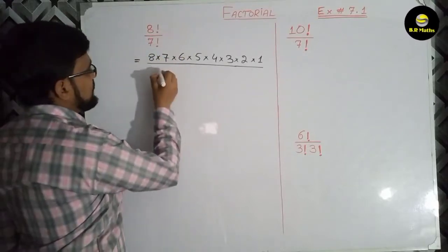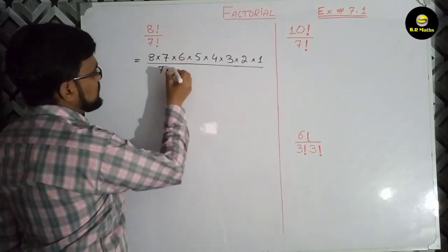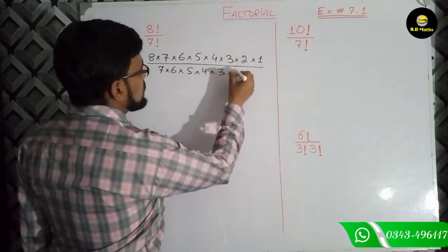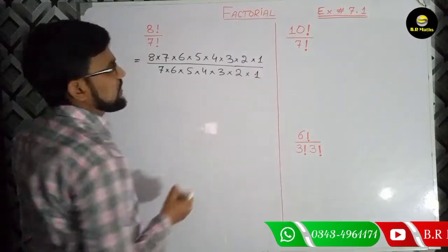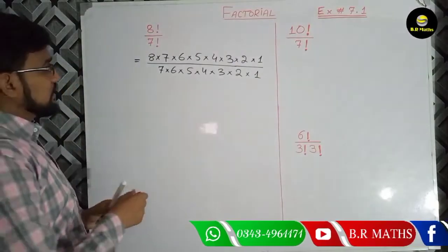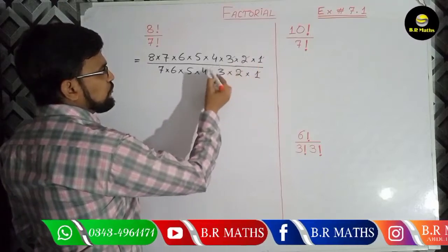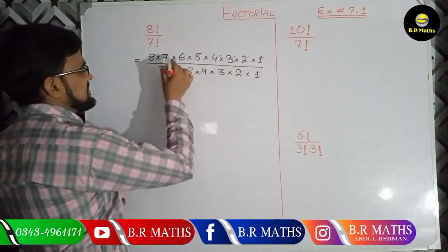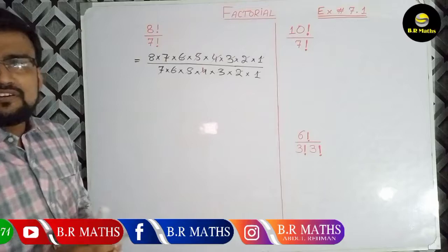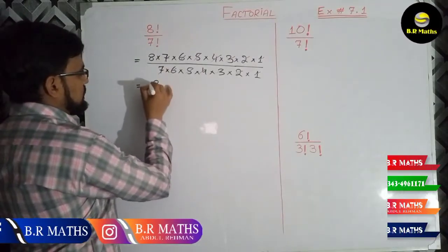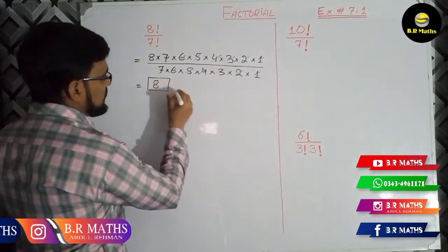And 7 factorial means 7 multiplied by 6, 5, 4, 3, 2, 1. So students, in this question, 1 cancels 1, 2 with 2, 3 with 3, 4, 5, 6, 7 and the final result is 8.